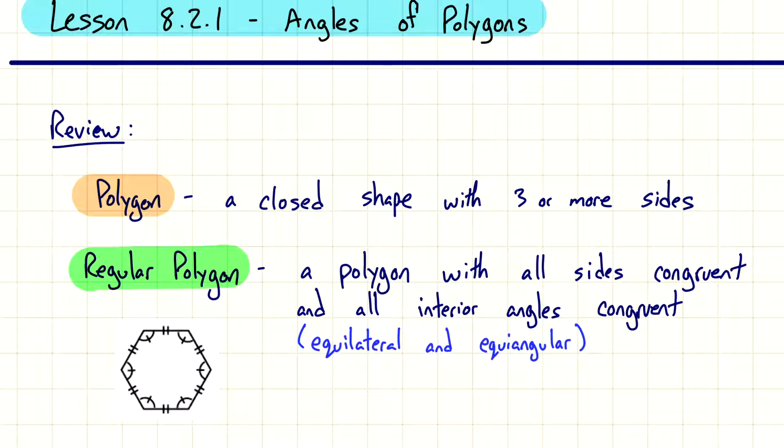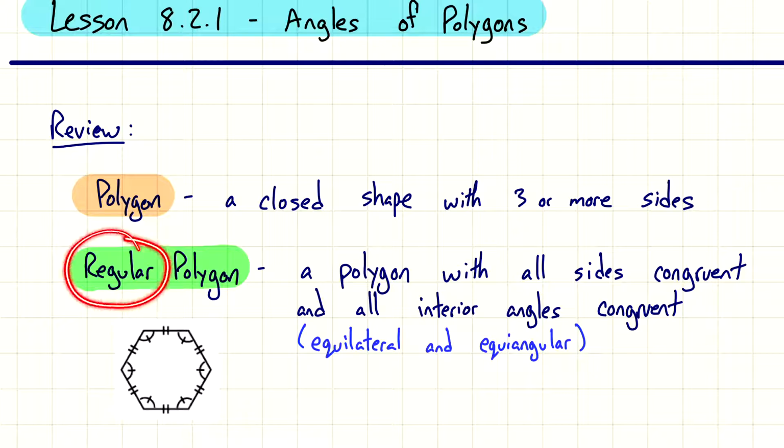More specifically, we're going to be talking a lot more about regular polygons, so we need to understand what the word regular means in association with a polygon. With a triangle, we've already been talking about a regular triangle, and we call it an equilateral triangle. It also has a second name, equiangular triangle, which means not only are all sides the same, but all angles are the same.